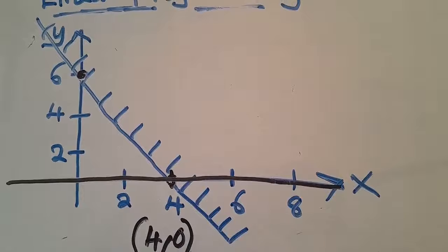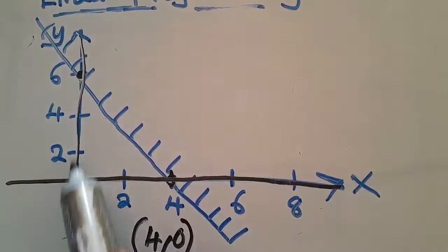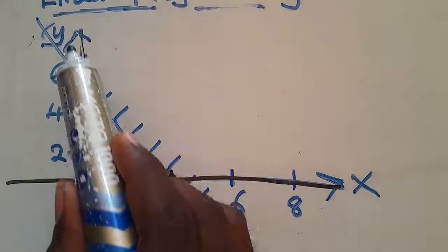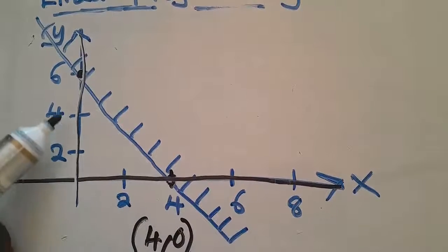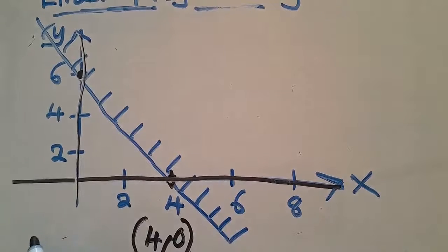Then we move here. So this is the first coordinate that I found. I move to the other coordinate like this. As long as the line is in the y-axis, which means that x is 0.